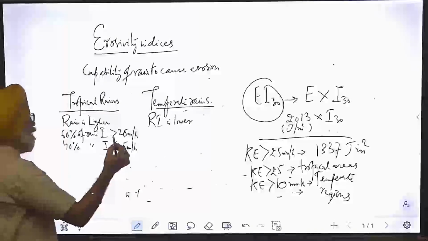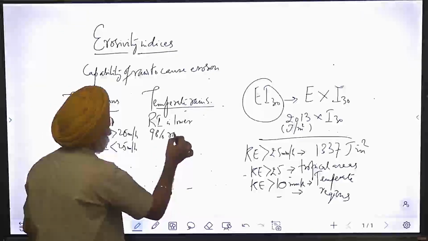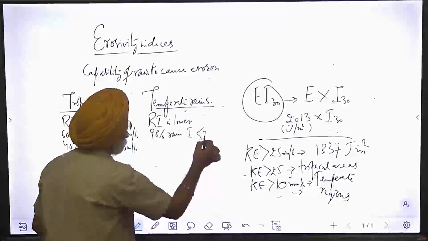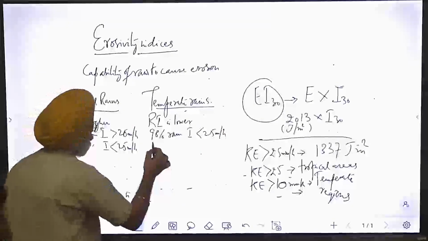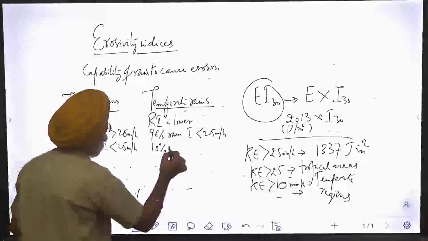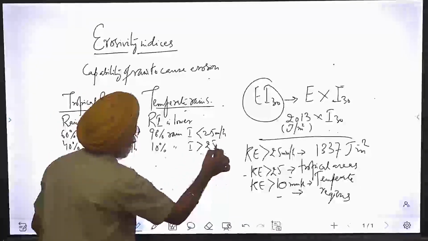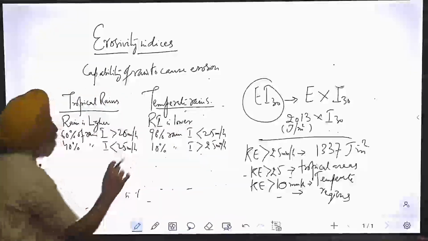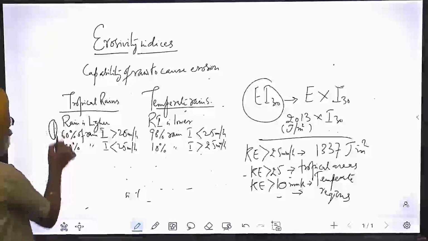On the other hand, in temperate areas, 90% of the rain occurs with intensity less than 25 millimeter per hour, and only 10% occurs at intensity more than 25 millimeter per hour. So this is difference 1 between tropical and temperate rains.